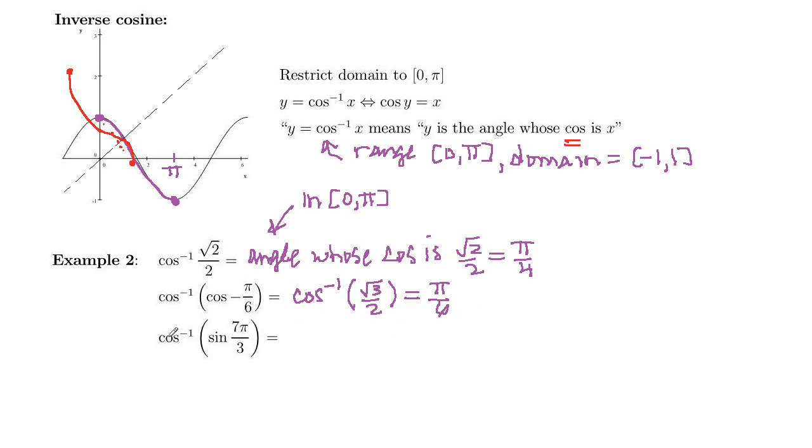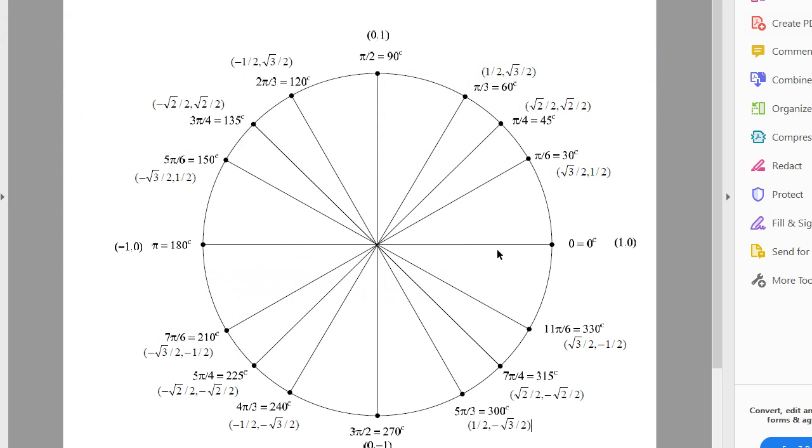And now here we've got inverse cosine of sine of 7 pi over 3. Again, we have to work the inside first and then do inverse cosine. So sine of 7 pi over 3. 7 pi over 3 is 6 pi over 3, which is 1 revolution, and then another pi over 3.